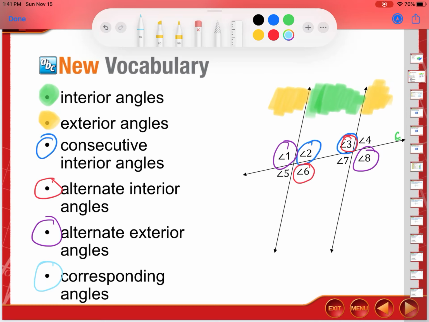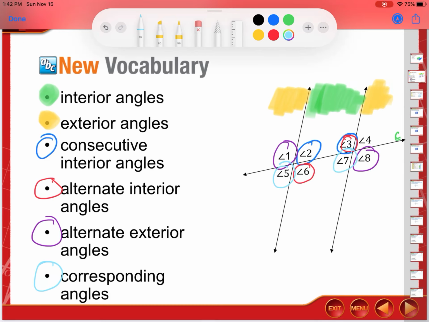Corresponding angles are on the same side, so they pretty much hold the same position. Like if I could cut this whole chunk out here, pick it up, and place it right over here, you see how those are identical? They're completely the same angles, same everything. So 5 and 7 share the same relative position in that.